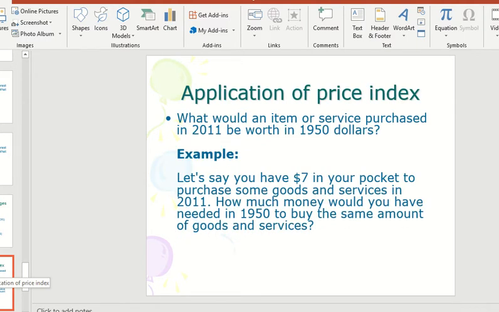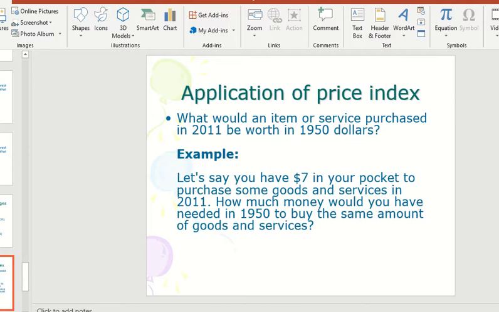I'm sure some of you have heard older generations, your grandparents, okay, or grand-aunts, grand-uncles, talk about how life was probably easier back then, in the sense that things were much cheaper.